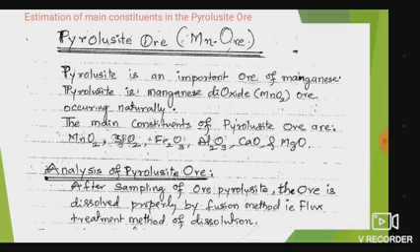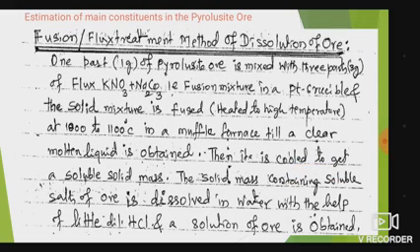After sampling of the pyrolusite ore, the ore is dissolved by the fusion method, the flux treatment method of dissolution, which we have already learned. One gram of pyrolusite ore is mixed with 3 grams of flux, the fusion mixture KNO3 and Na2CO3, in a platinum crucible.